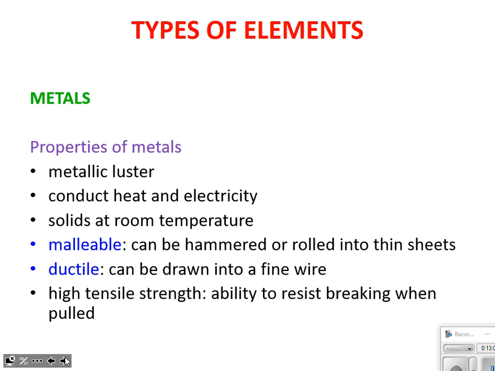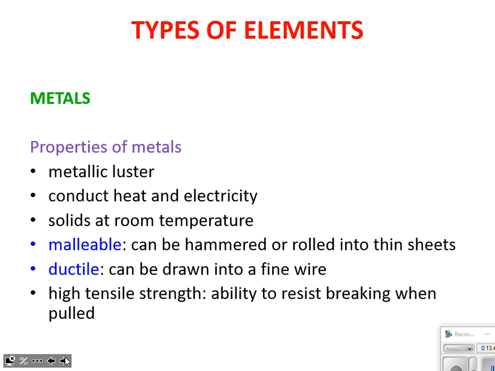Metals also have a very high tensile strength, meaning that they have the ability to resist breaking when pulled. Let's stop and think. If I had a rubber band in my hand and I was pulling it apart, would you think that it has a very high tensile strength?